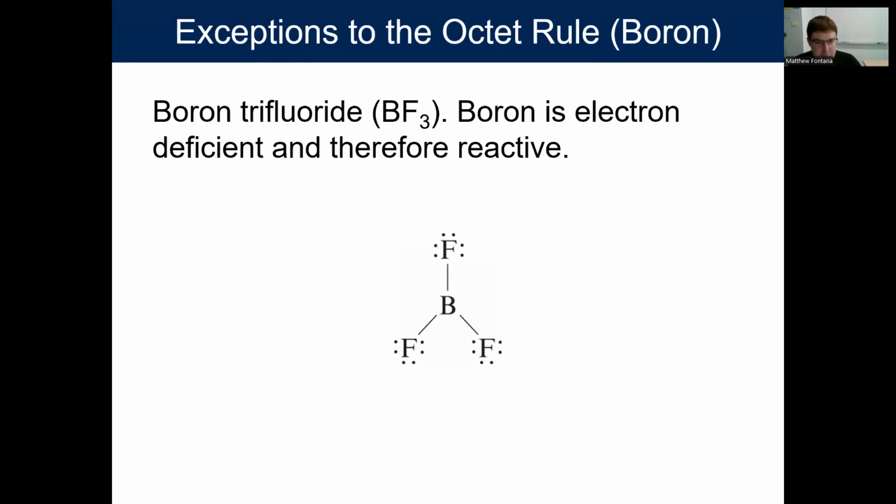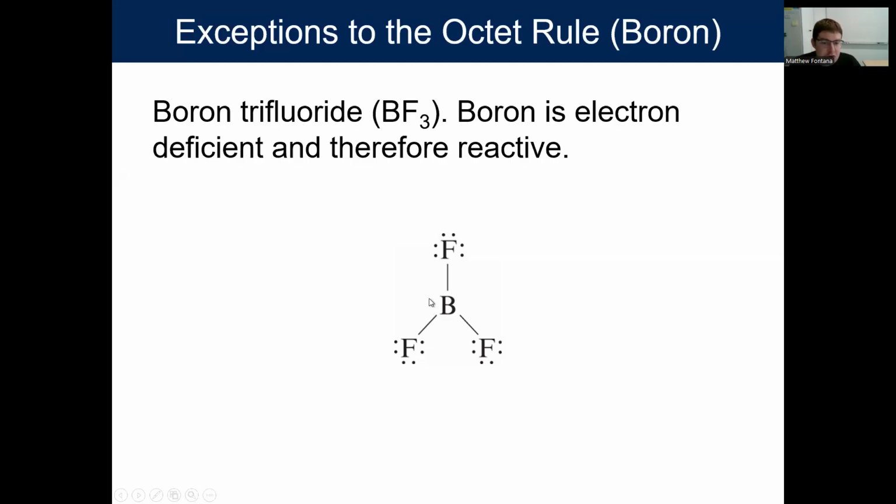Okay. All right, so there is one other thing that your book will talk about, and I want to mention it in passing here. If you take a look at boron, in the molecule boron trifluoride or BF3, this is going to be the correct Lewis structure for boron trifluoride. You'll notice here that boron does not have a complete octet.